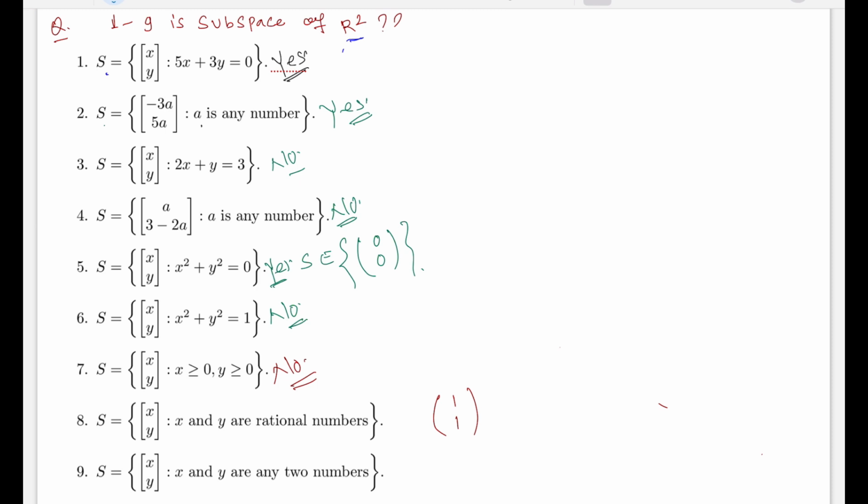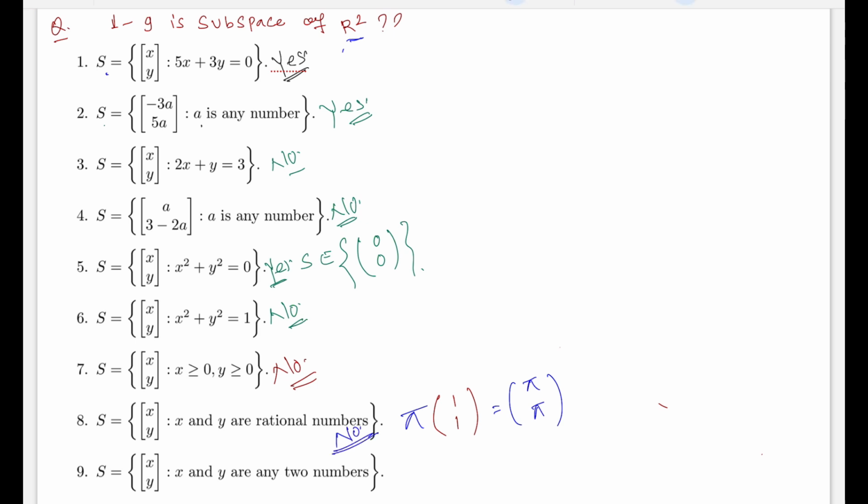And if you multiply with pi, what you will get is pi. So this pi is nothing but an irrational number, right? So this is not closed under scalar multiplication, because the first component, that is x, is an irrational number, and the second component, that is y, is again an irrational number. So this is not a subspace.